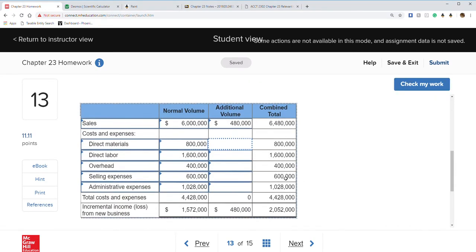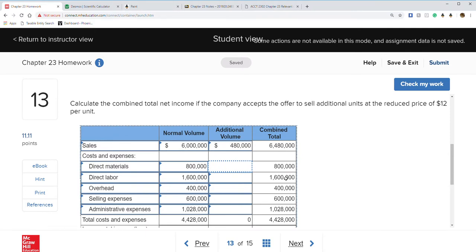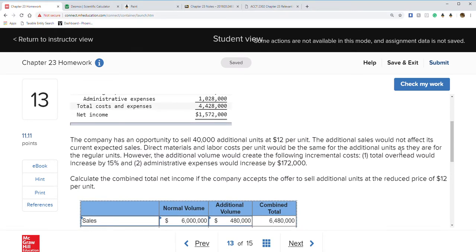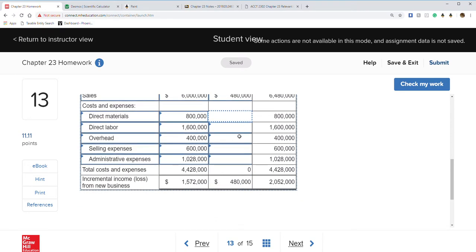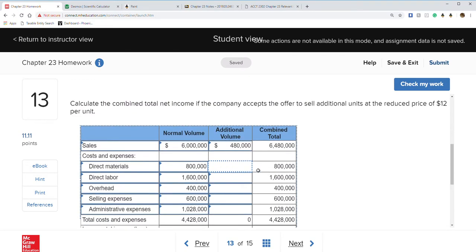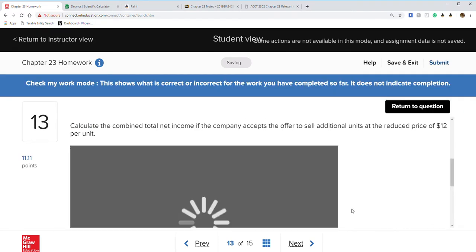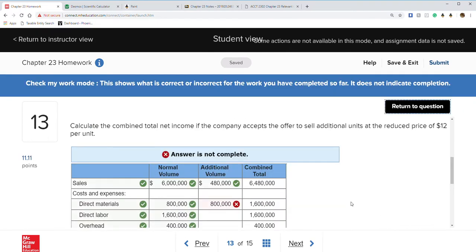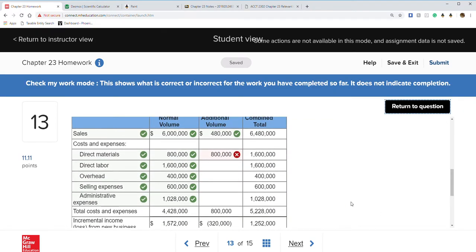Now, this is the puzzle. Usually when we're told that these stay the same, you still incur cost with any additional volume. The question is how the question is worded, and the way Connect is probably doing it is like that. Normally we would have materials and labor affect the additional volume.